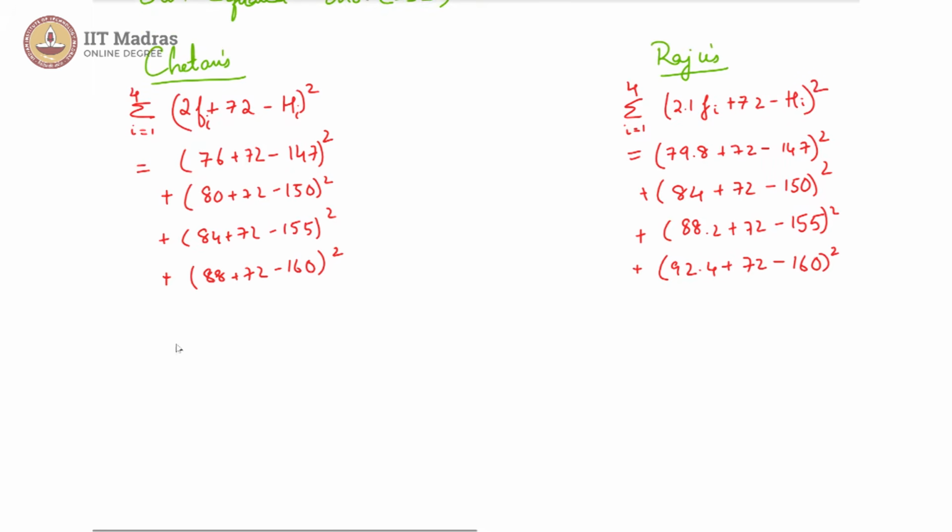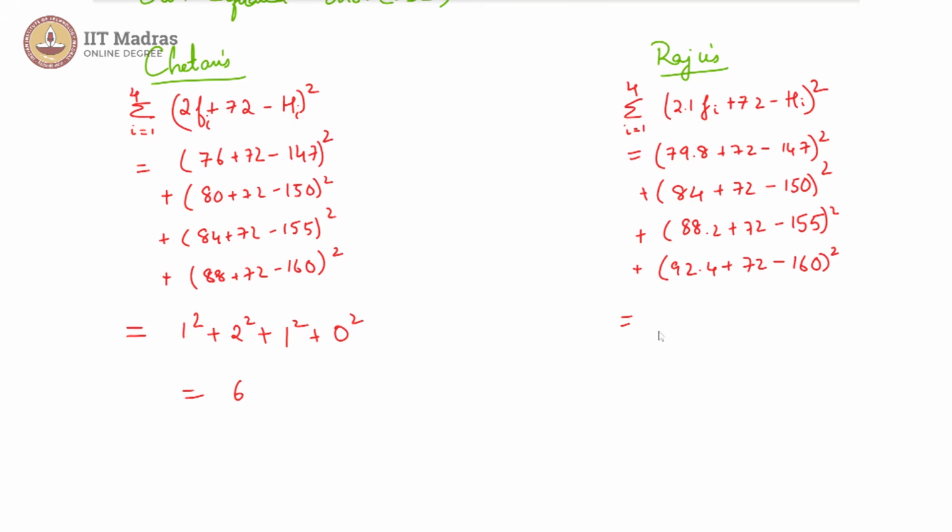If we calculate these values, then we get 1 square plus 2 square plus 1 square plus 0 square. So this is 6. So sum square error for Chetan is 6.